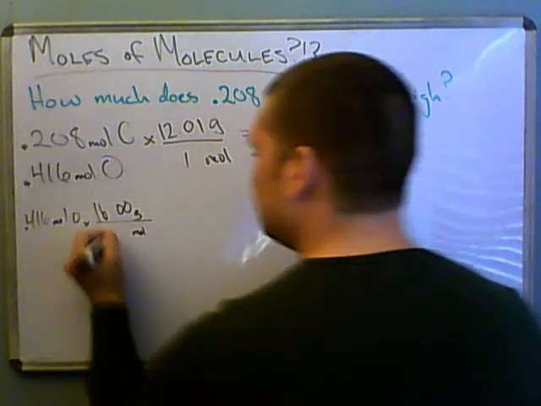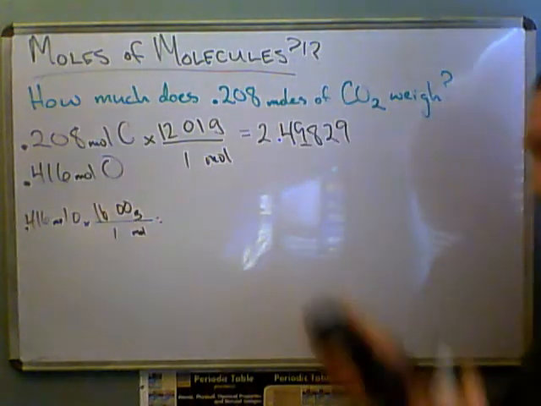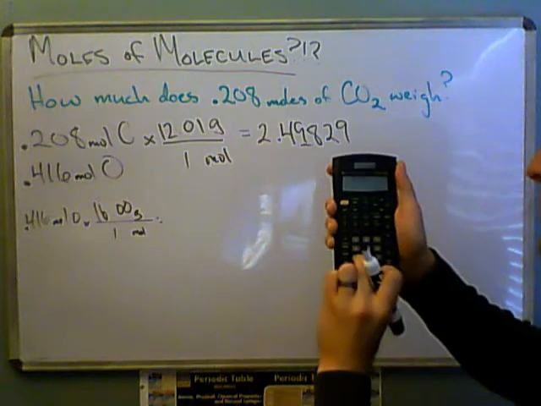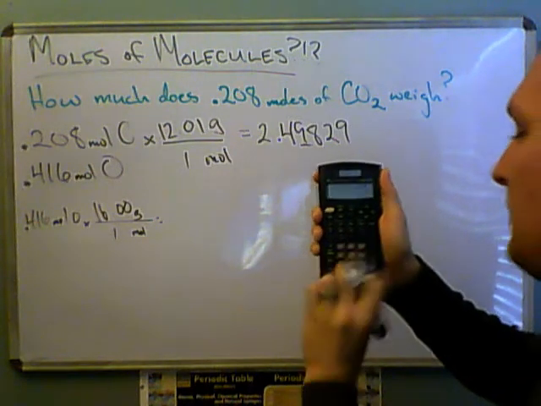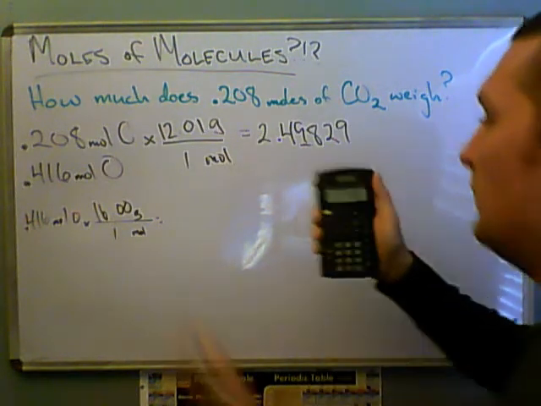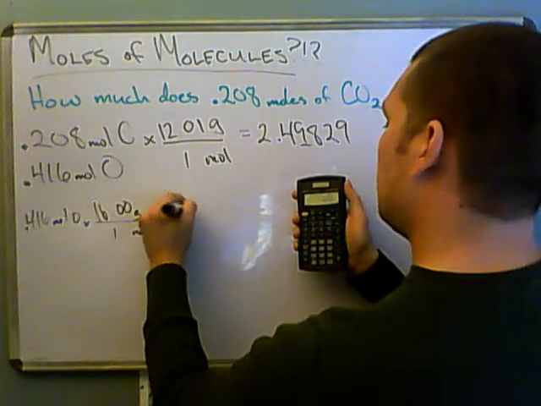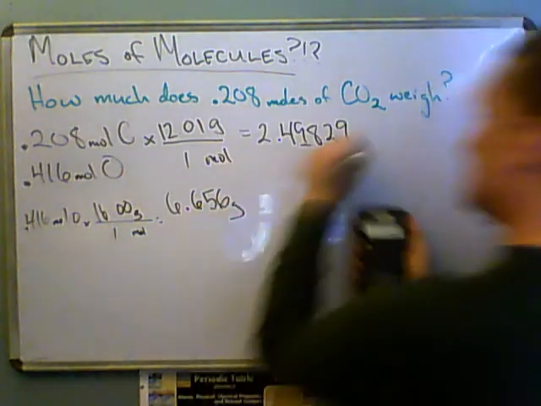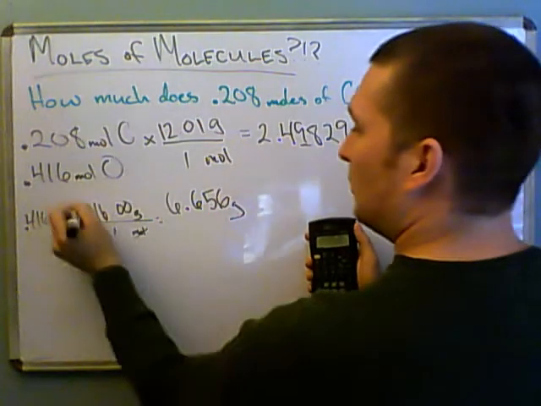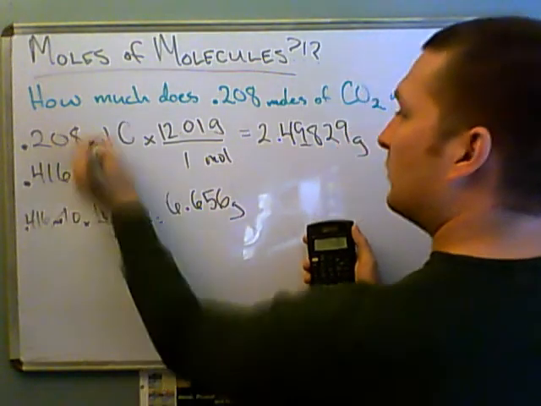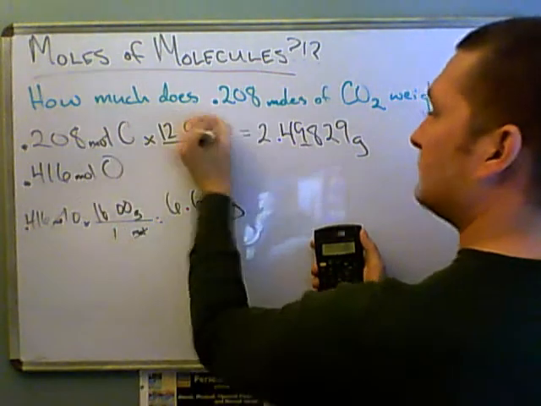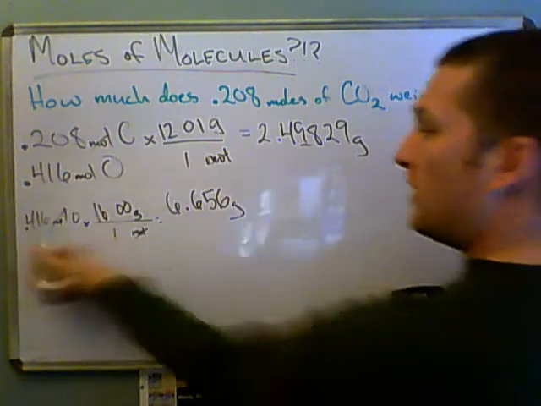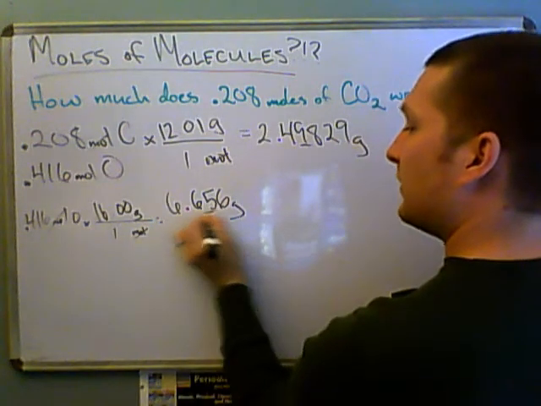Just plug that in. 0.416 times 16.00 divided by 1, and we get 6.656. And this is grams. Moles canceled, we had grams left over. Now, how many significant digits? We have 4 there, 3 there, so I'm limited to 4 here.